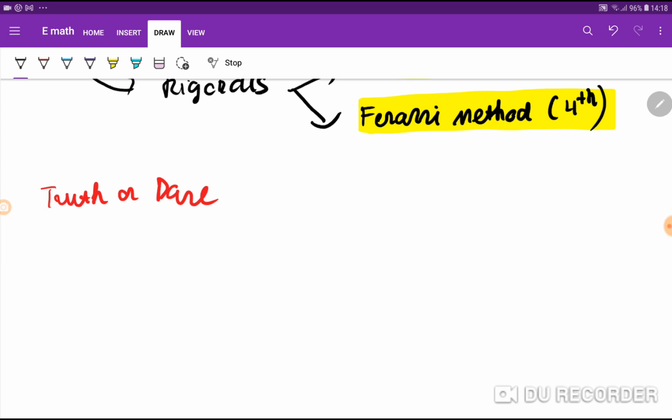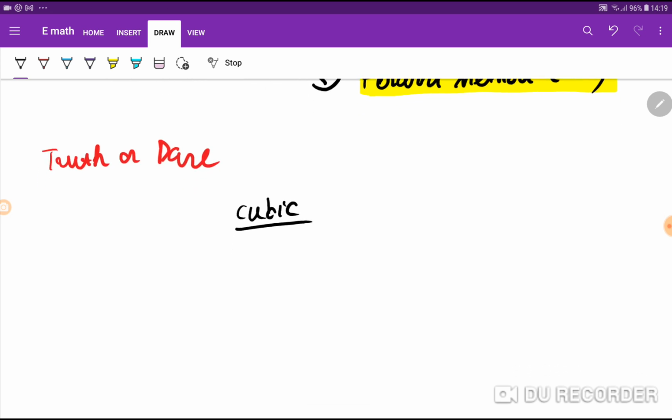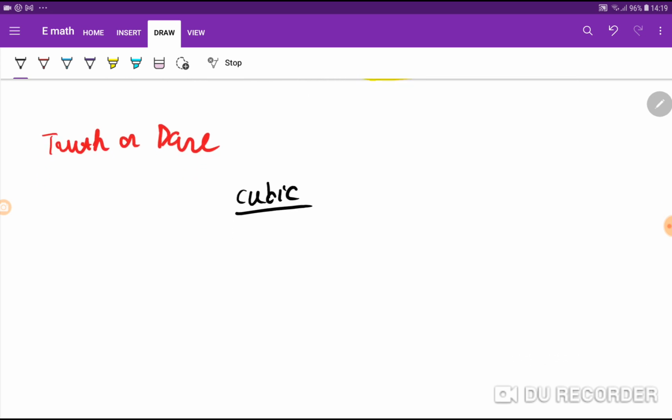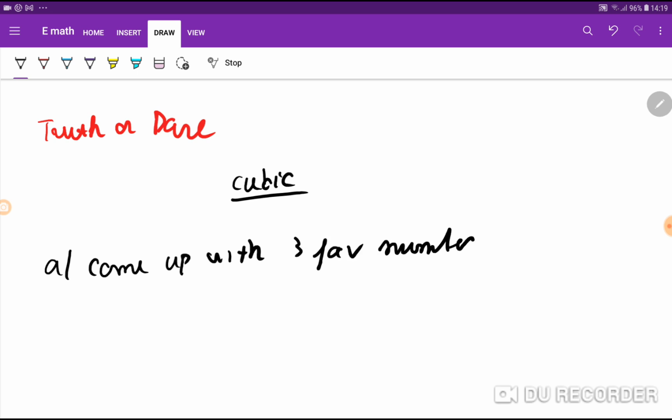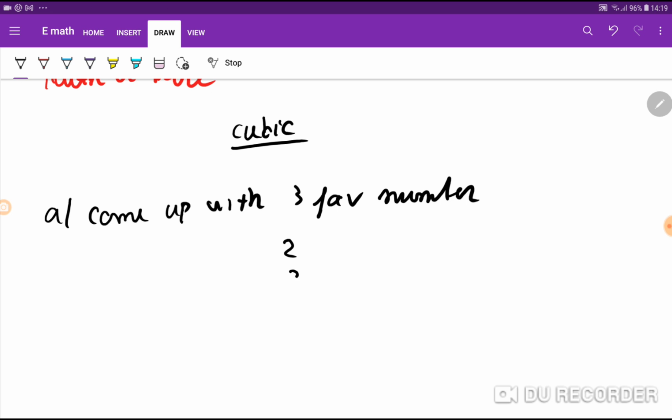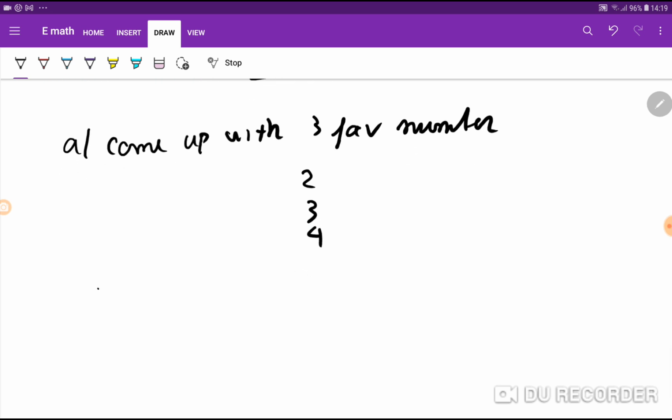You come up with three, let's say for cubic, your favorite numbers. Let's say for me it is 2, 3, and 4. Now go ahead and expand x minus 2, x minus 3, x minus 4.